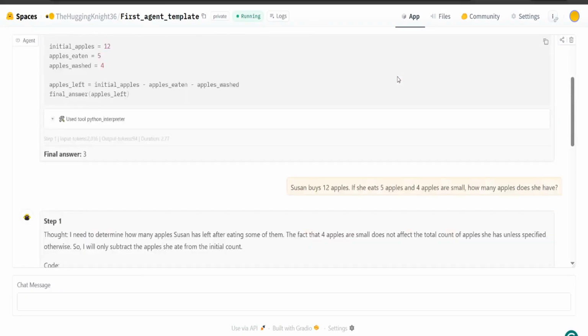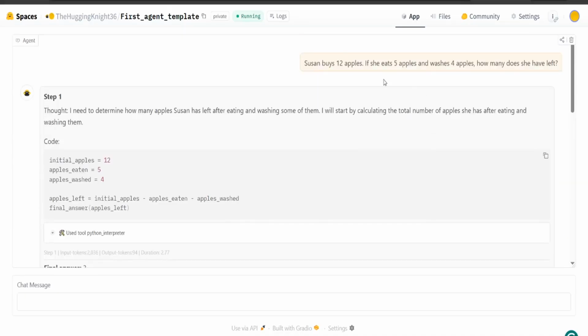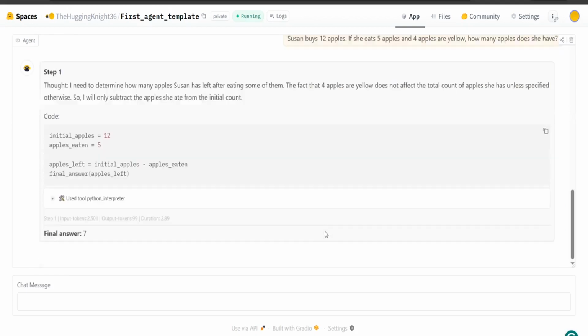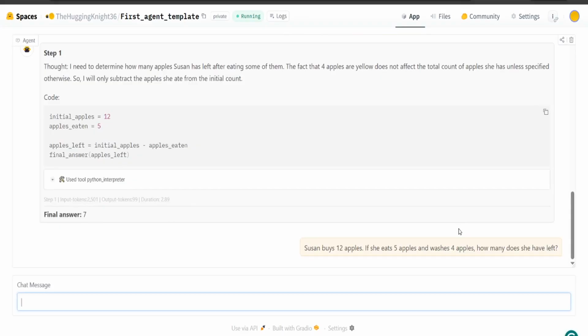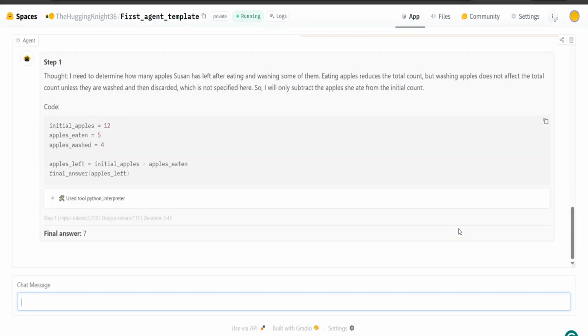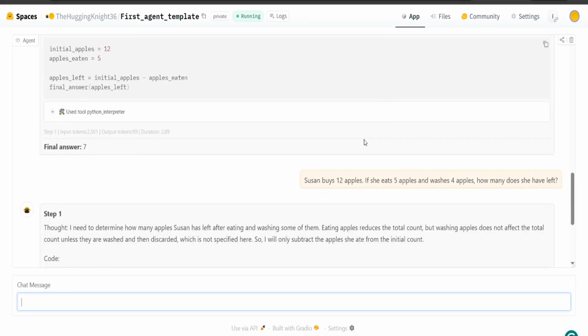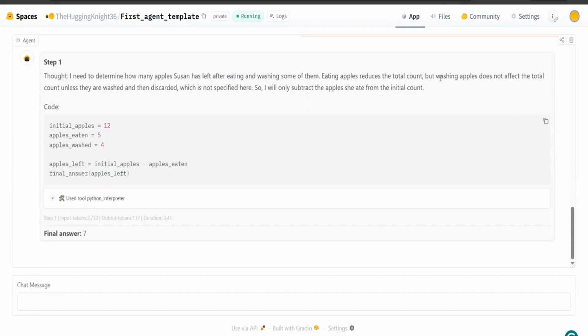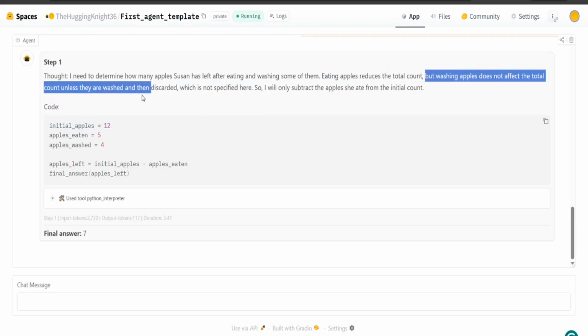Let's go back to the example. We just copied the exact same prompt from earlier, and let's see if we're able to differentiate whether washing the apples affected it or not. And as you can see, the exact same prompt, I just copy and pasted it, but washing is not specified here.